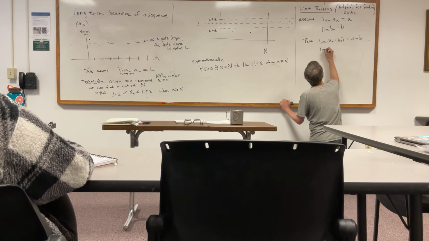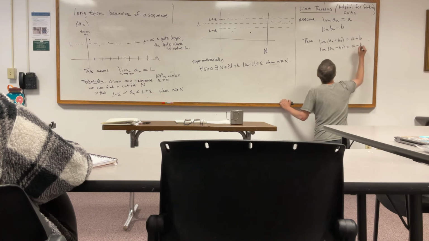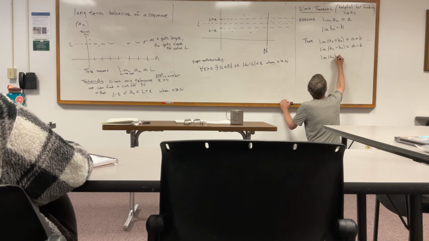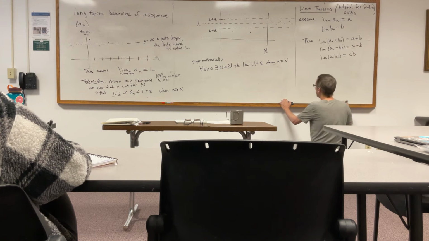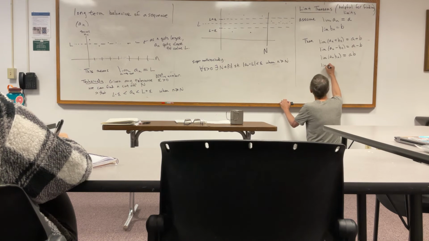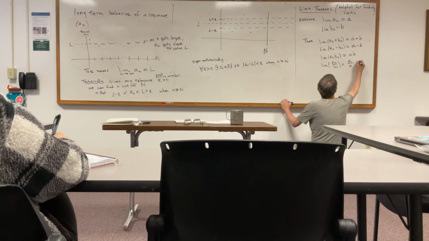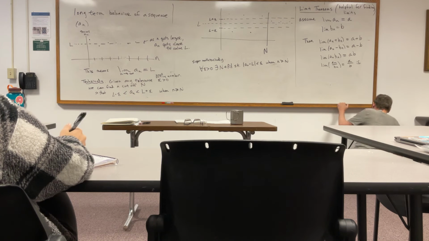I also know that the limit of a sub n minus b sub n is a minus b. I know that the limit of a sub n times b sub n, the product of those two, is equal to a times b. And I know, you probably see this one coming, the quotient. What do I have to make sure I don't do here?